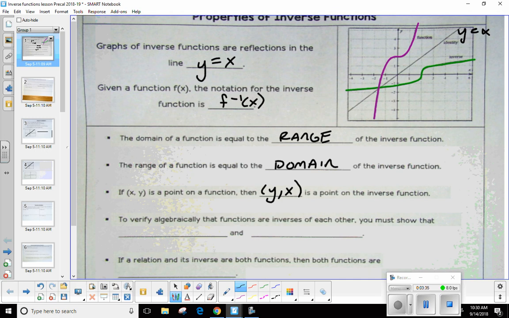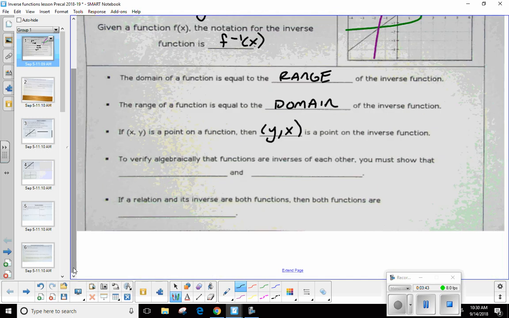Yes. Okay. She's saying this is where you have to take the function of one, the equation, plug it into the other, and simplify it to a value. So we're taking the composition. So f of f inverse of x. Now, what is it going to simplify to if they are truly inverses?